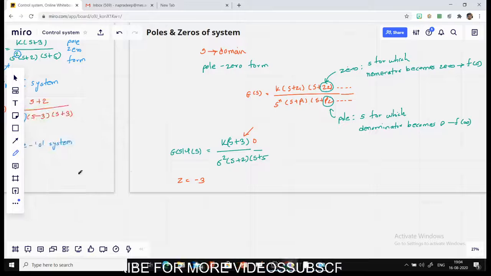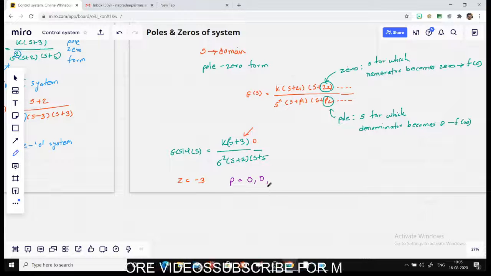Similarly, you can find the pole values for my system. If I substitute s is equal to 0, you will get the denominator as 0. So first is my 0. There are two such values, so I can have different poles at different values; the s square term will carry two pole values.